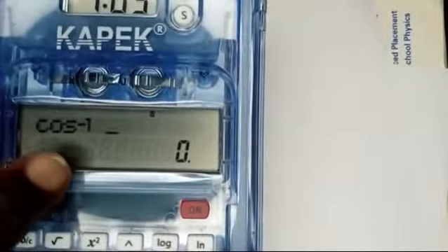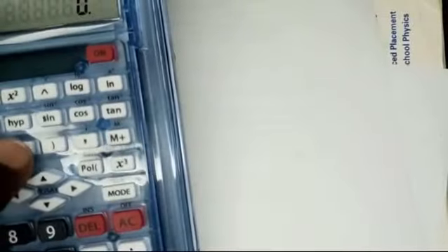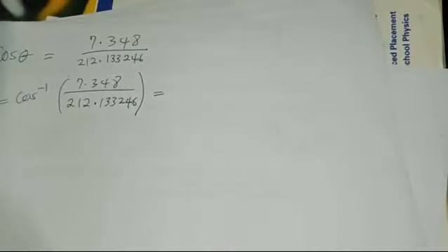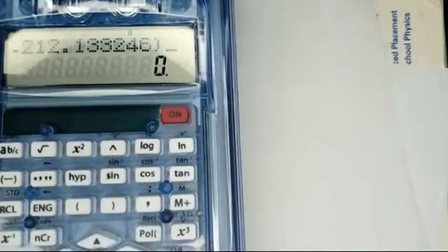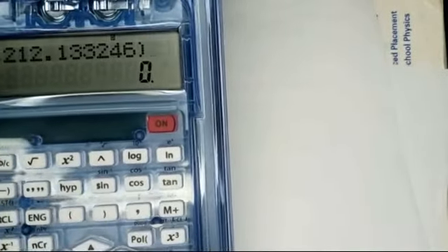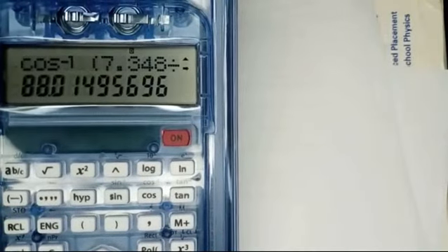This is cos, you press it and you see your cos inverse appears. Now you can open bracket and type your fraction, 7.348 divided by 212.133246, close bracket. Now I am going to press the equality sign. Look at it, we get 88, approximately.